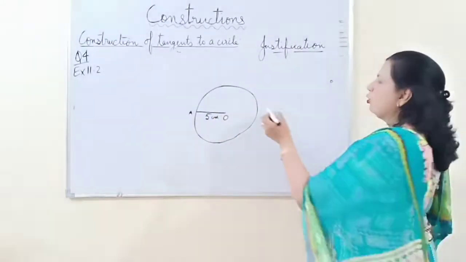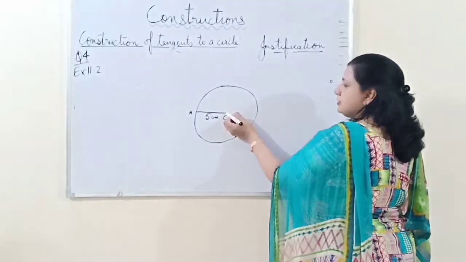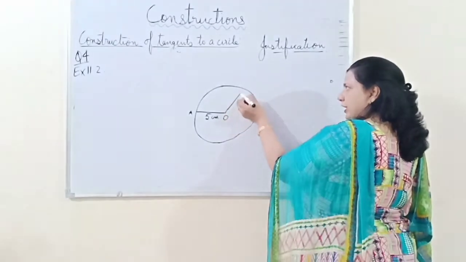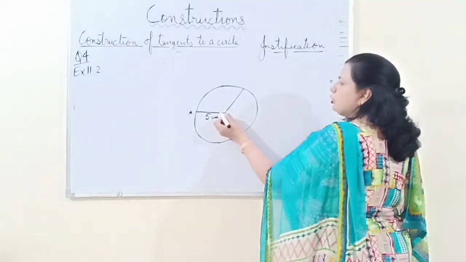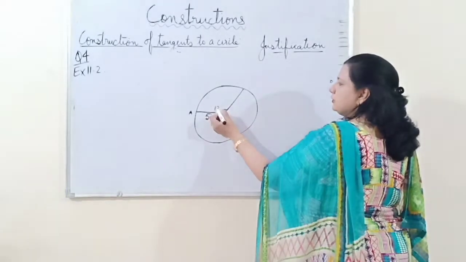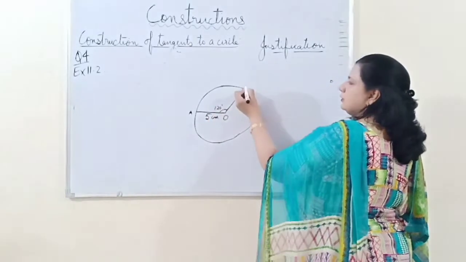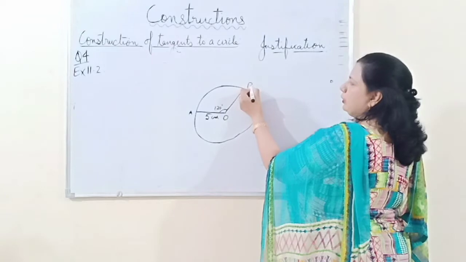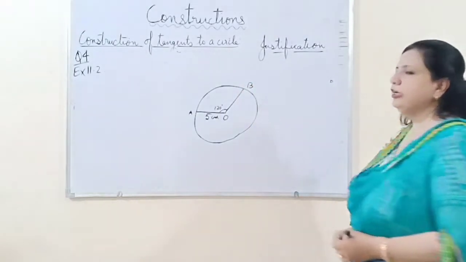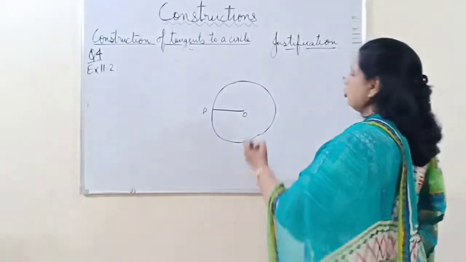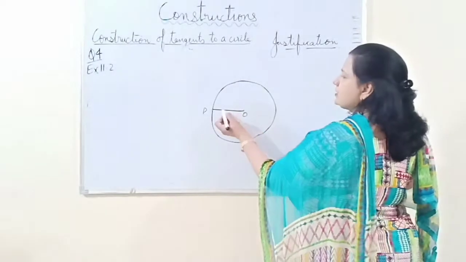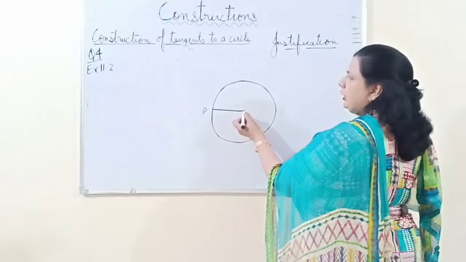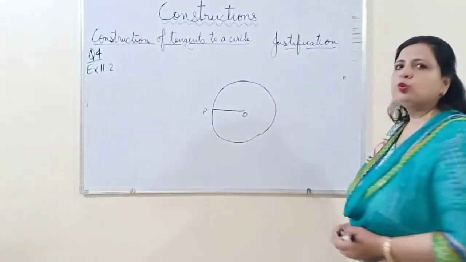Let us draw one more radius making an angle 120 degree here. AOB will be 120 degree. Now after joining OP, let us construct angle POQ equal to 120 degree.